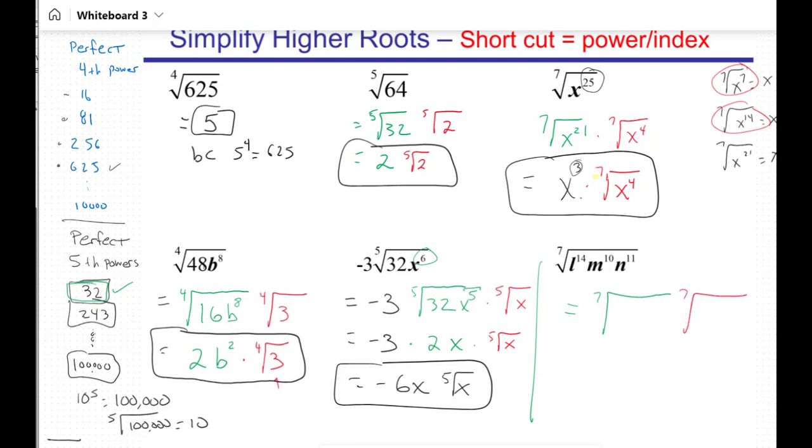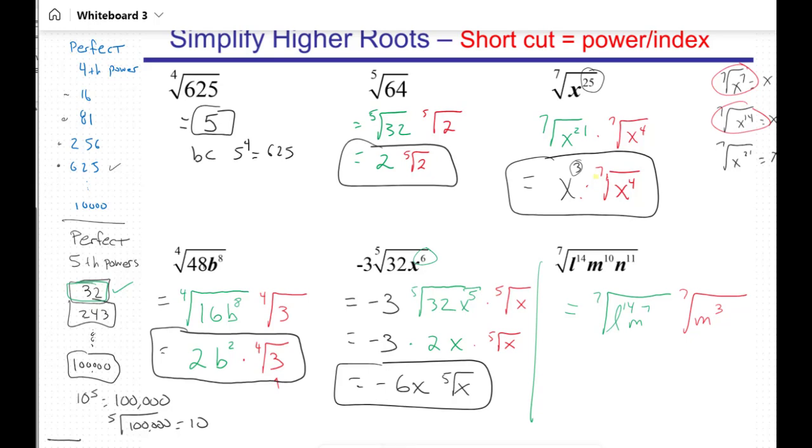L to the 14th is going to have a nice seventh root. M to the 10th, nope, the seventh root cannot do the 10th power. But if I separate the m's into a seventh power of m times a third power of m, that factors it, and I can do the seventh root of m to the 7th.